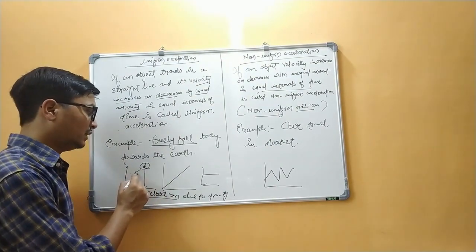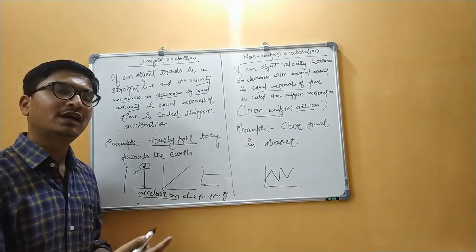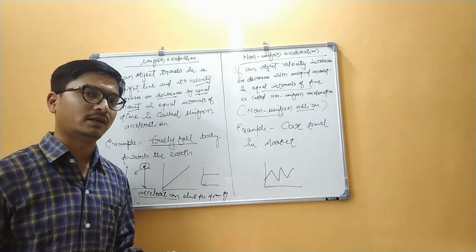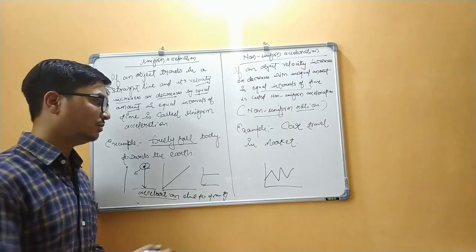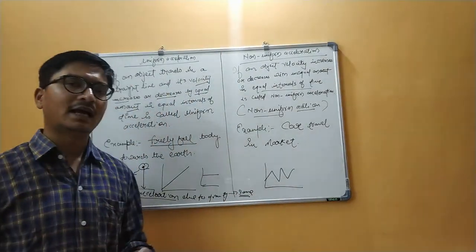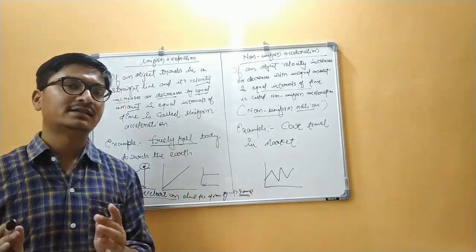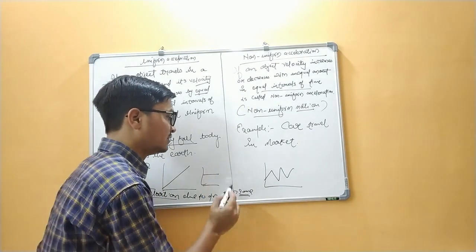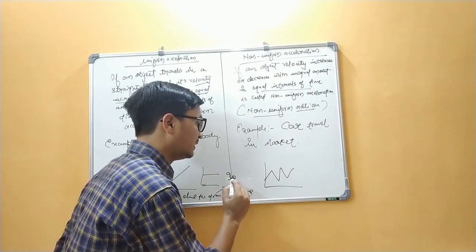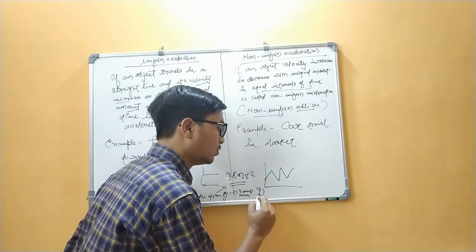If the mass of the object increases, does the acceleration due to gravity increase, decrease, or remain the same? The answer is that it remains the same, because for all objects the acceleration due to gravity is always the same, and its value is 9.8 meter second minus 2, denoted by small g.